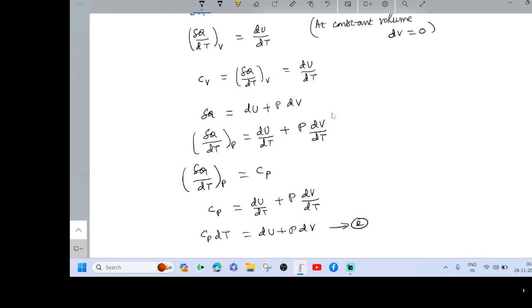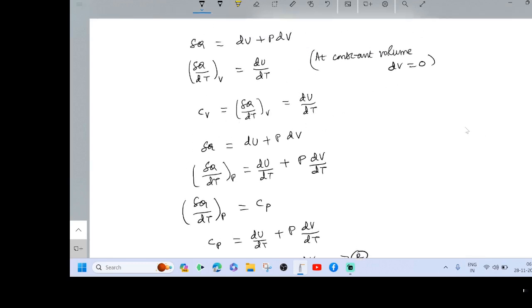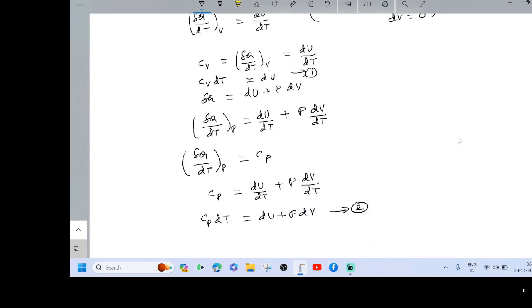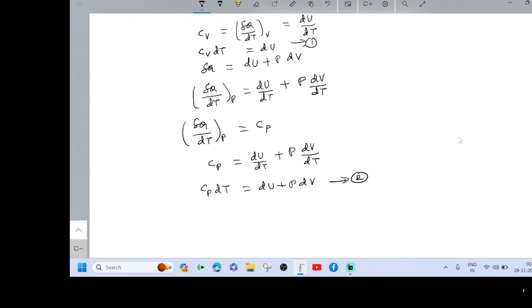Now, using the earlier relation, we can write Cv dT = dU, just cross multiplying. Keep this as an equation. Now find the value of equation 2 minus equation 1.